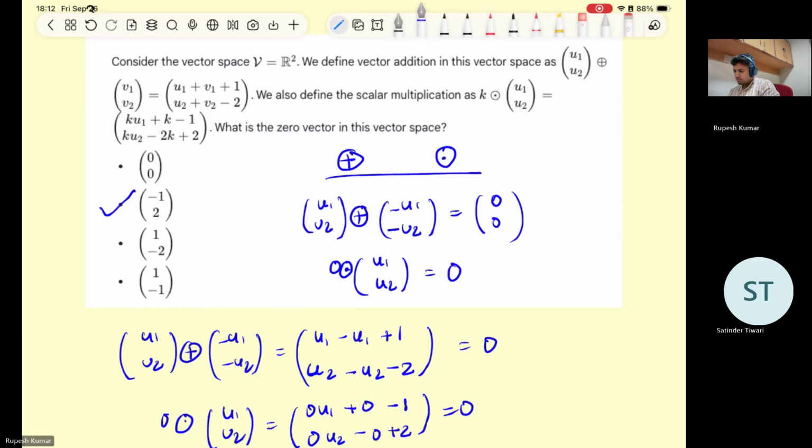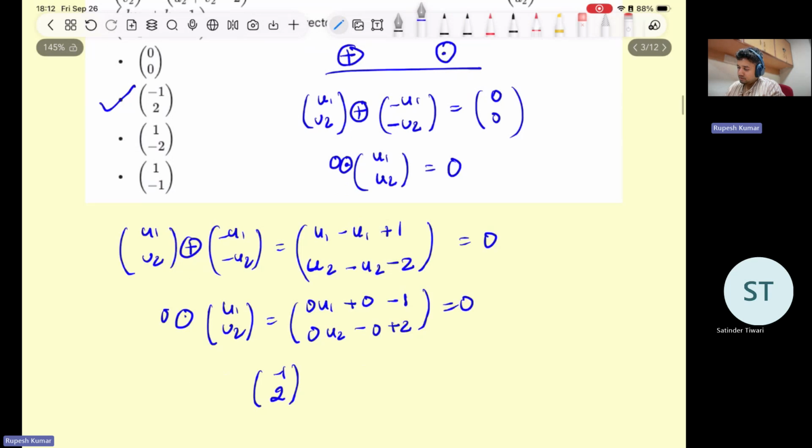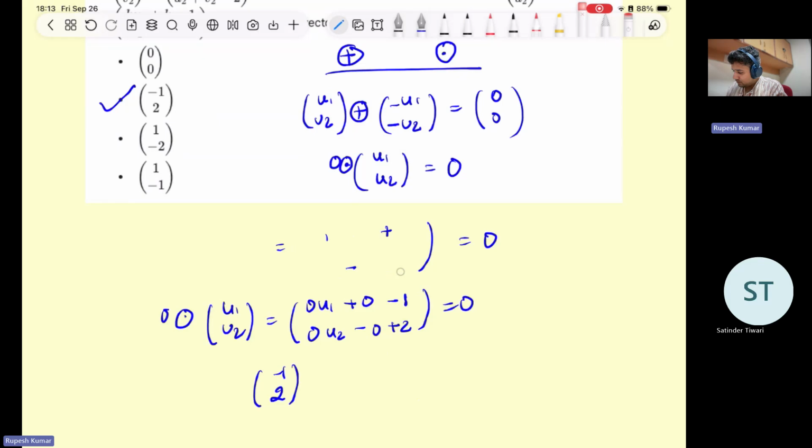Okay, fine. Yeah, now it makes sense. Okay, so yes, this is wrong. Let me explain what is happening here. The problem says in the new vector space, you have a new zero vector, right?